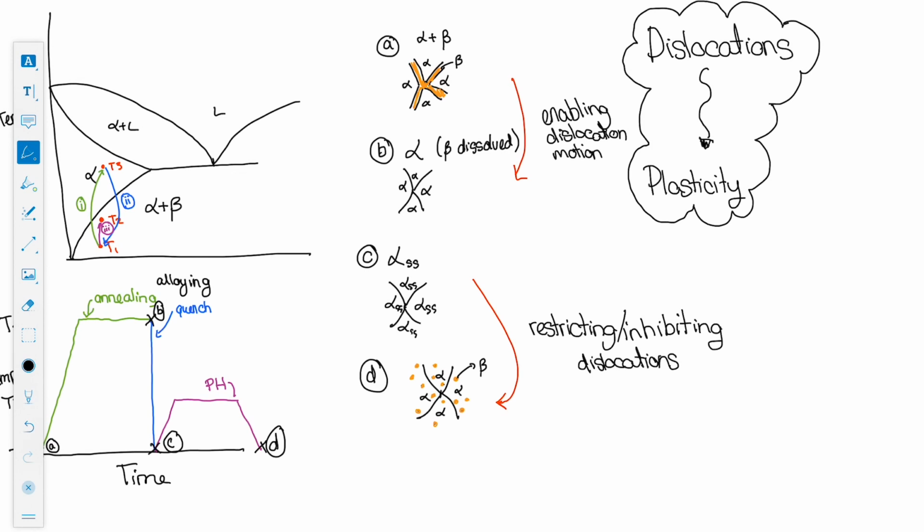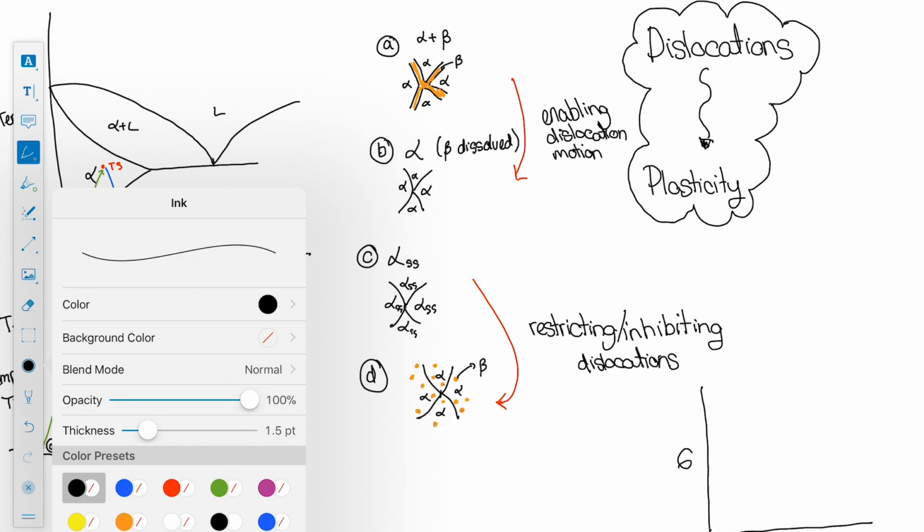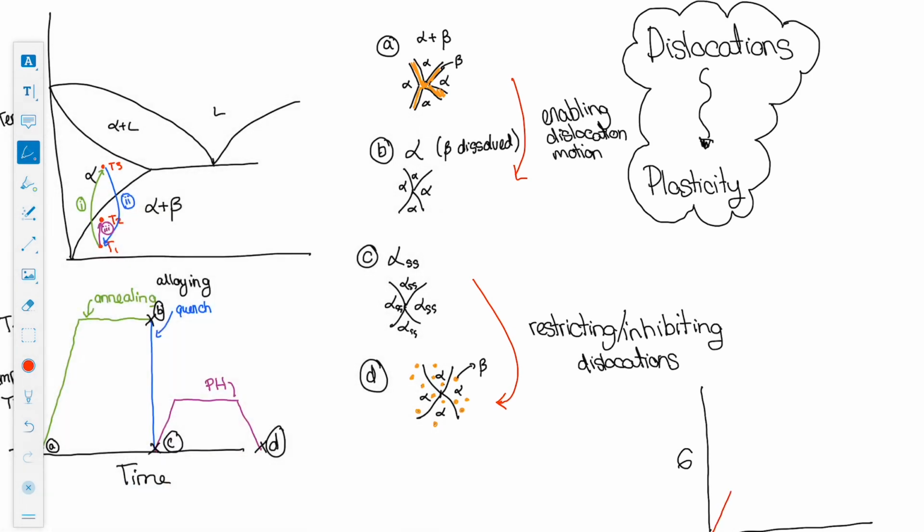So to draw this out, if we consider a stress strain curve, something like we saw in Lab 1, and we have a given material. I need some more colors here. Let's do a red. We have a material with a stress strain curve. We have our yield point around here.